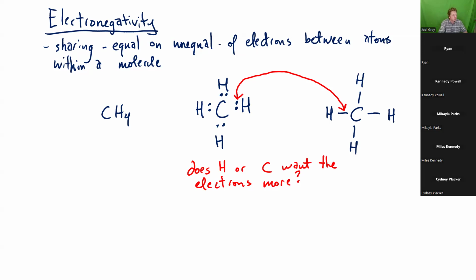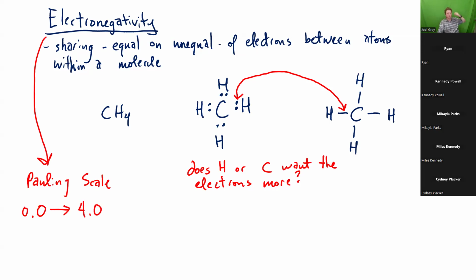Now, electronegativity has numbers associated with it. It's quantitative. So you have a scale known as the Pauling scale of electronegativity that ranges from 0.0 to 4.0.